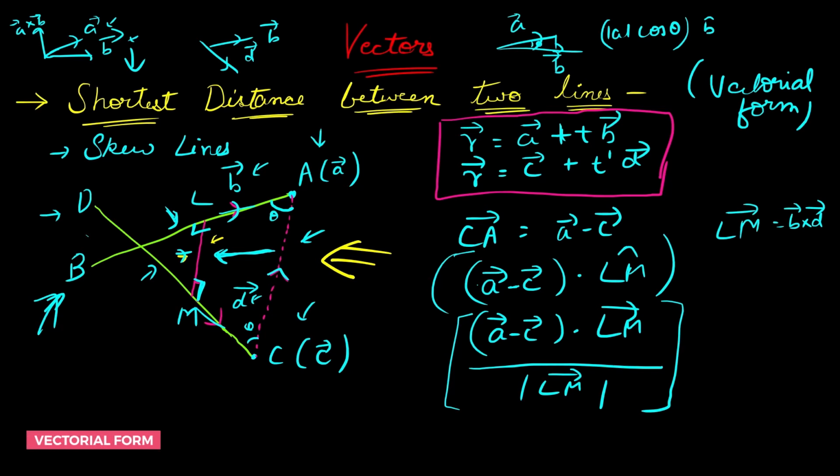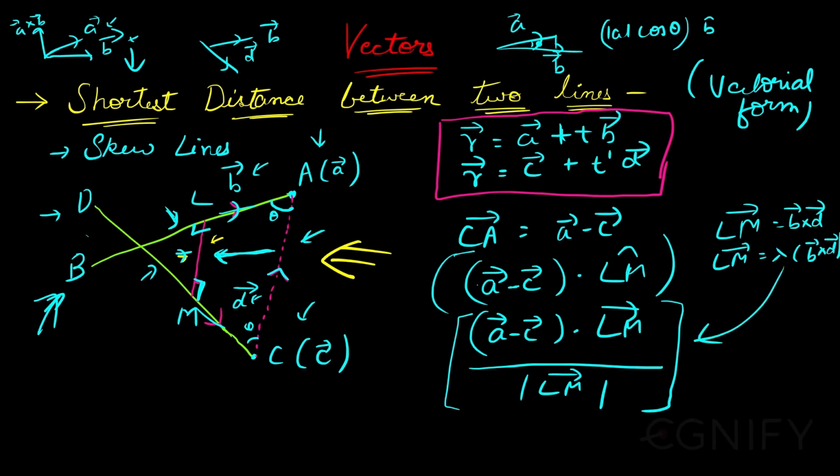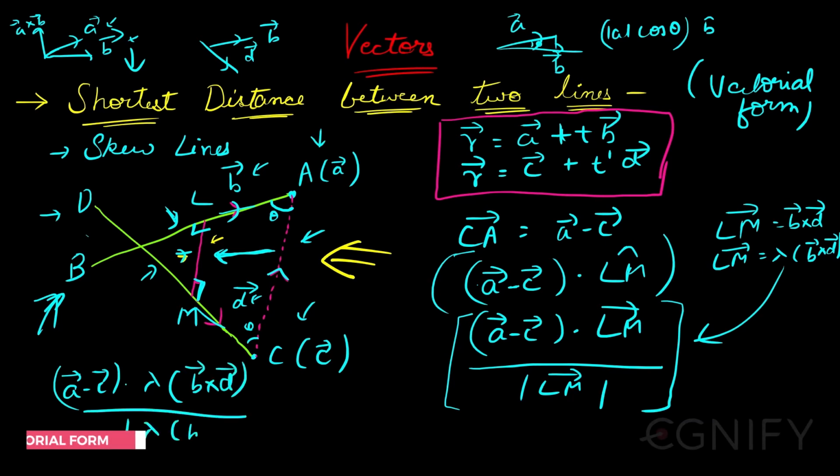Even if you don't write it as B cross D, and you write it as something like lambda into B cross D, then also it won't make a difference to the formula, because now I'll substitute this in this. So you have A bar minus C bar dot lambda times B bar cross D bar, and you will divide this with mod lambda B cross D. So you will cancel the lambdas, and the final expression that you will get is basically this.